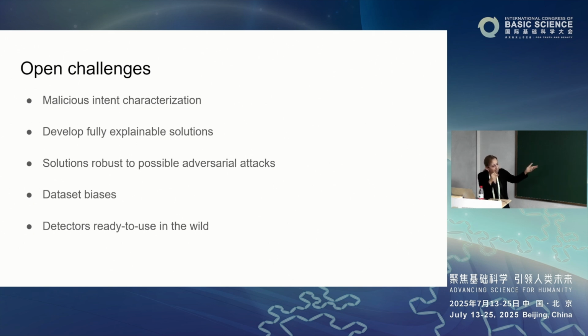Another important thing is that whenever you try to detect something, you should always take into account that there is an adversary on the other side. If you are manipulating an image and I know the way the detector is working, I can manipulate the image so as to fool the detector.